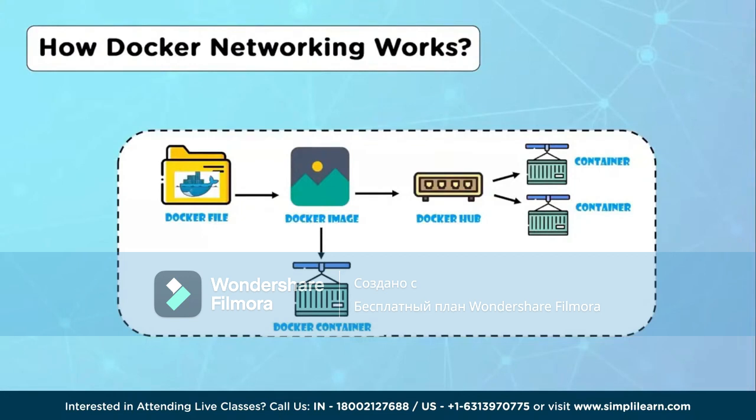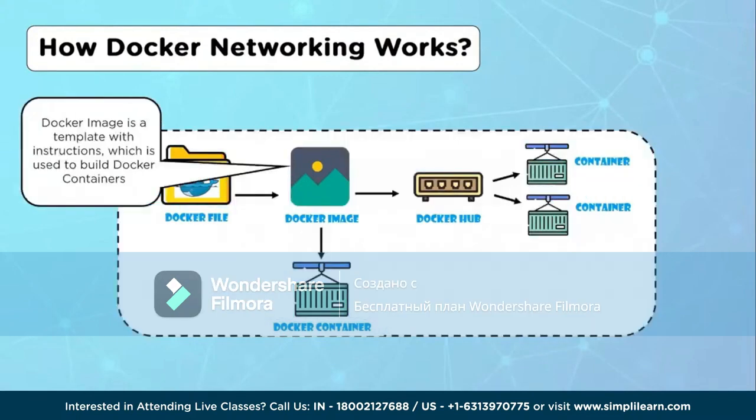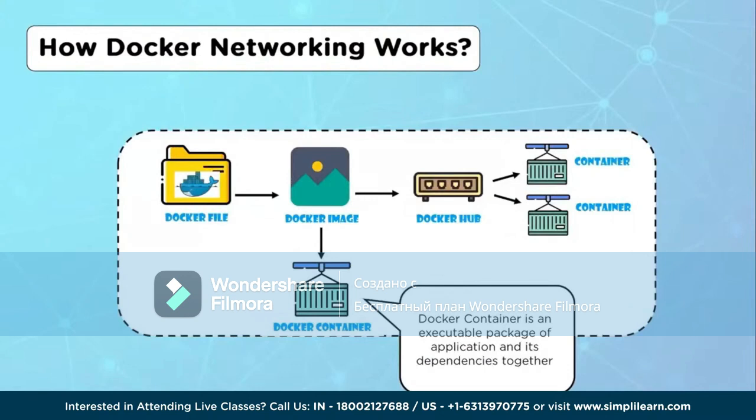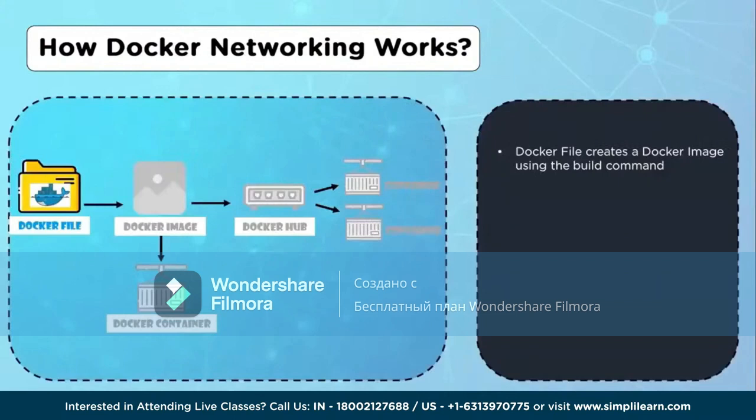So for collaborating on the Docker image, you require Docker Hub, and the container is the ultimate object we create out of the Docker image. Instead of Docker Hub, you can also use your own private repositories. That totally relies on you.